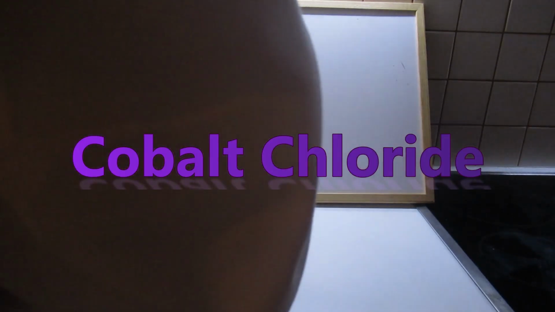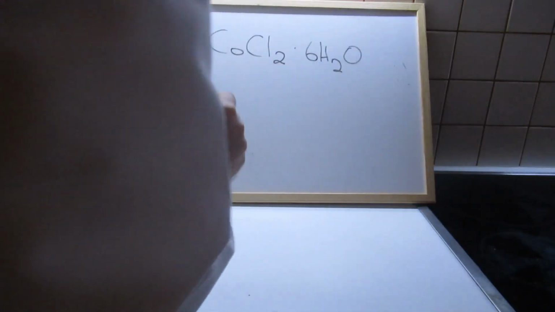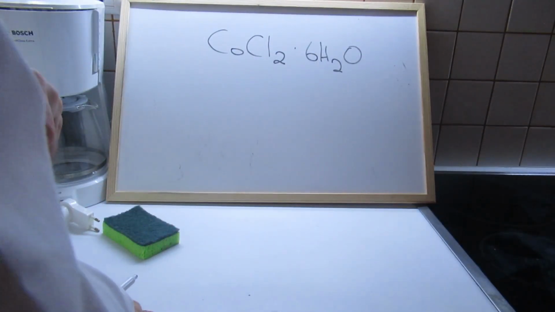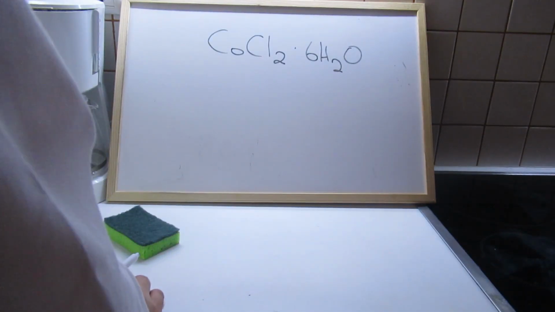Cobalt chloride exists as a hexahydrate in solution and usually as a salt.